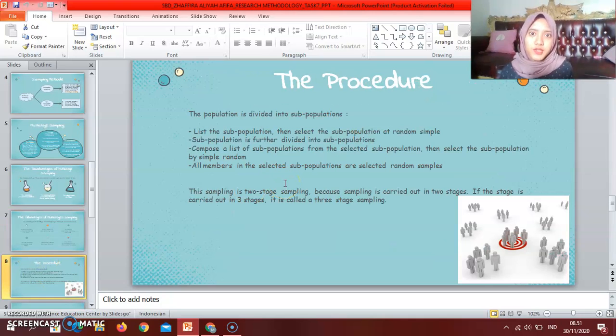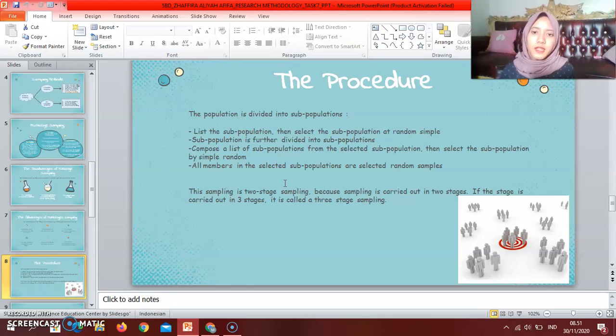In multistage sampling, there is also the procedure. The population is divided into subpopulations. First is list the subpopulations, then select the subpopulations as a random sample, and next the subpopulation is further divided into subpopulations.